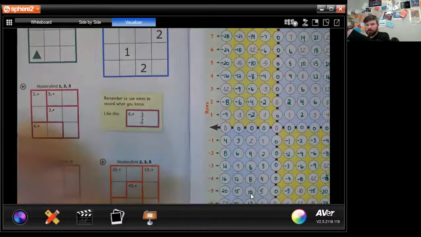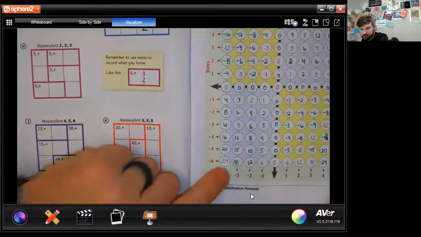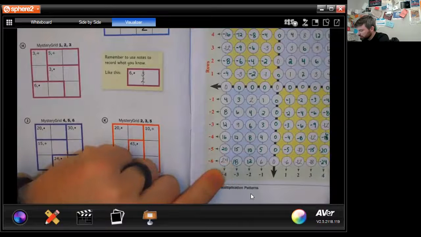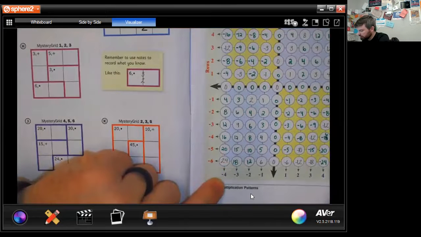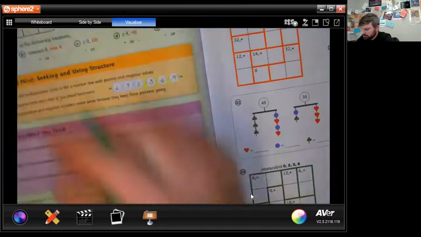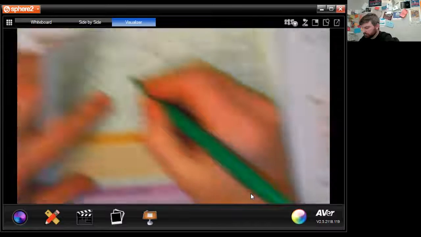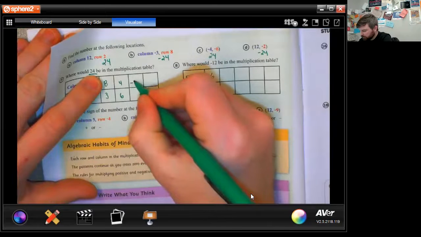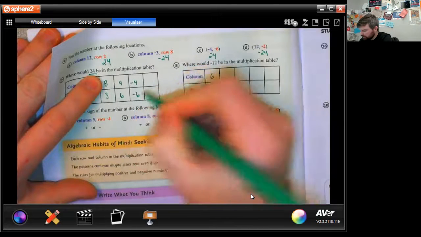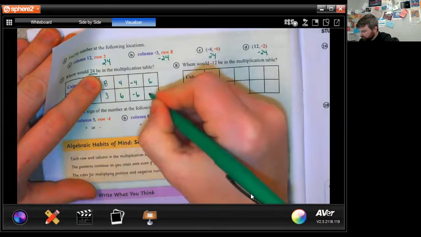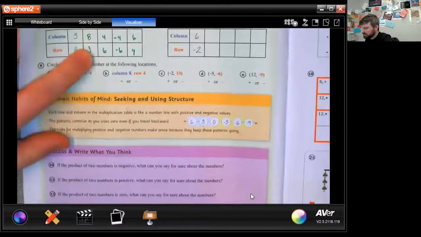You could also find a 24 down here in the very bottom. There's a positive 24. That's column -4, row -6. So we could put -4, -6. We could also put 6, 4, column 6, row 4.